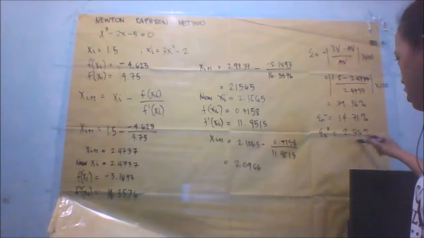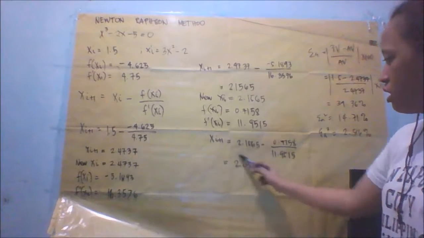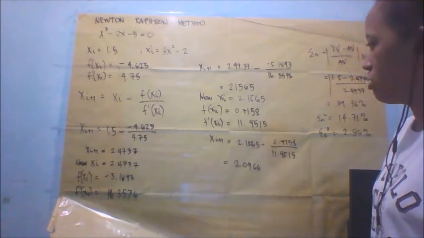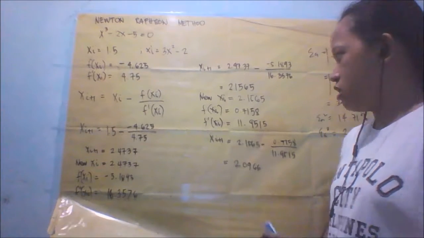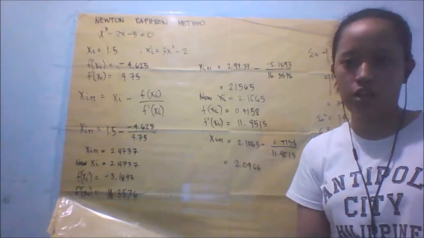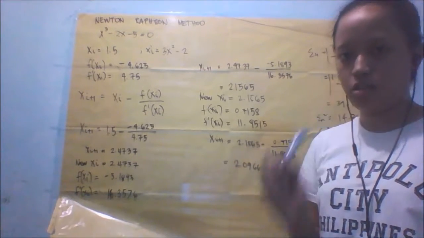As you can see, this 2.86% says that our computed value of xi plus 1 is approaching nearer to the true value. So that's all for the Newton-Raphson method. Thank you.